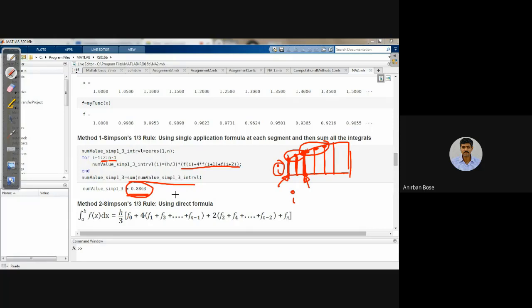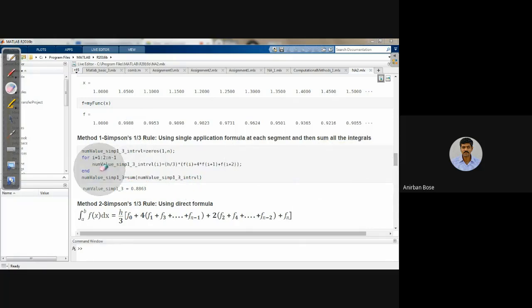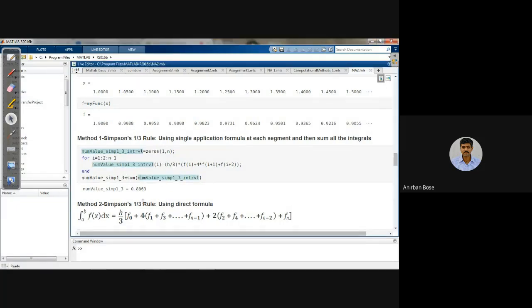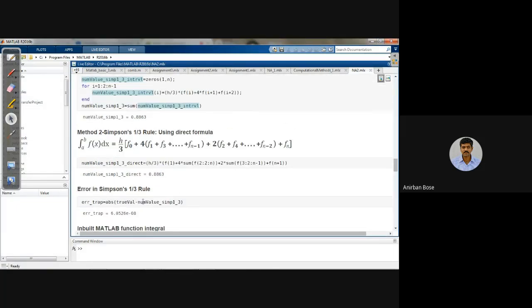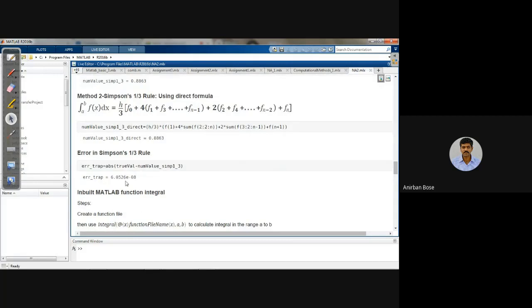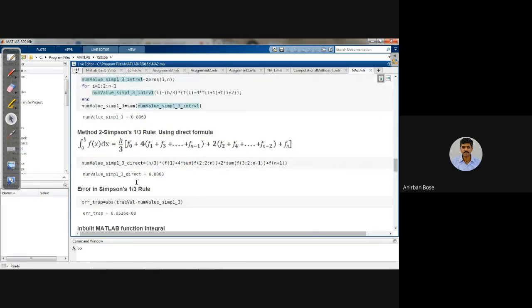If you calculate the error, you will find it is very small, in the order of 10 to the power minus 8. You can also use the direct formula of Simpson's 1/3 rule.